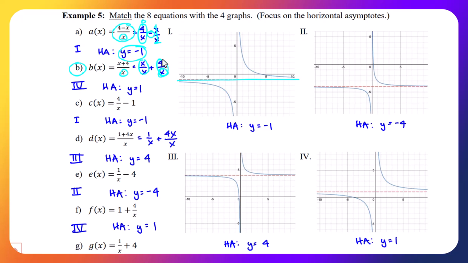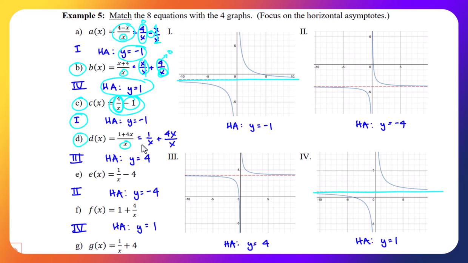As x gets bigger and bigger and bigger, this becomes 0, and that's 1. So this has a horizontal asymptote of 1, and that's this graph. In C, it's already broken up for us. As x gets bigger and bigger and bigger, that becomes 0, and our horizontal asymptote is -1 again, which is Roman numeral 1.